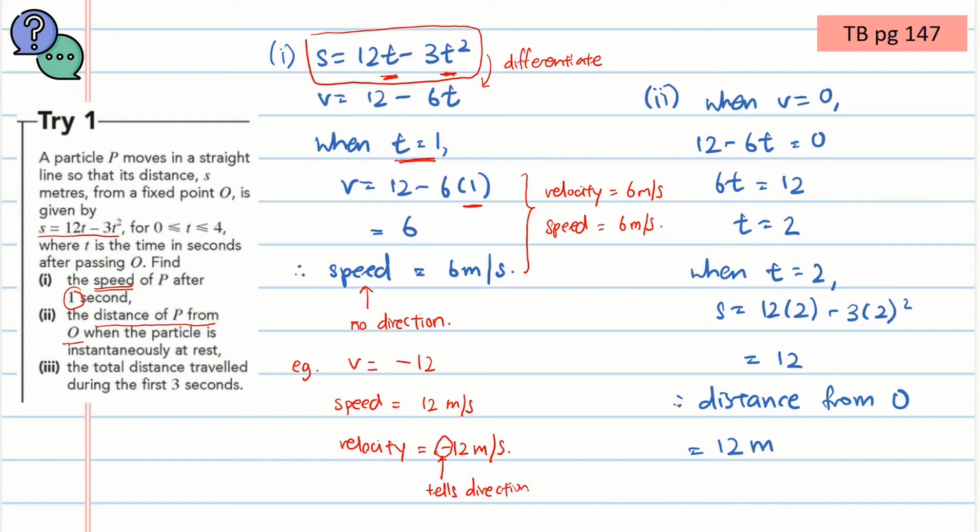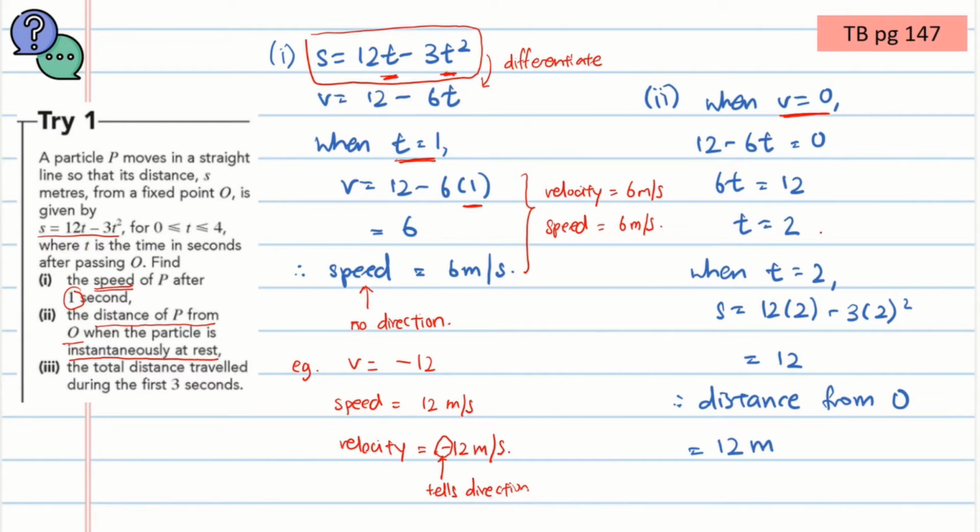But in order for me to find the t value, okay, I need to make use of the fact that the particle is instantaneously at rest. So that means that v is equals to 0. So when v is equals to 0, I substitute it into my v function, which is 12 minus 6t equals to 0, and I solve that time is equals to 2.